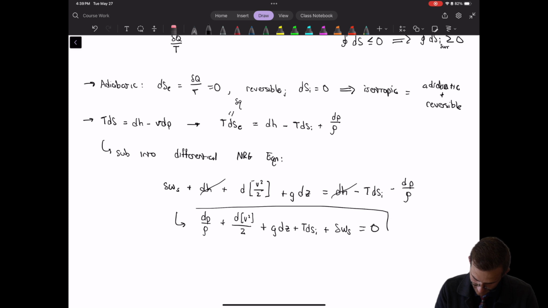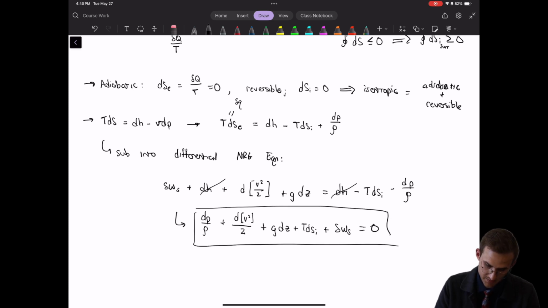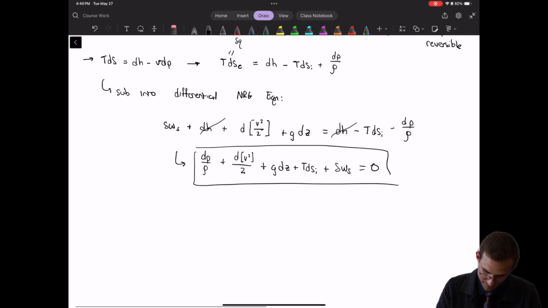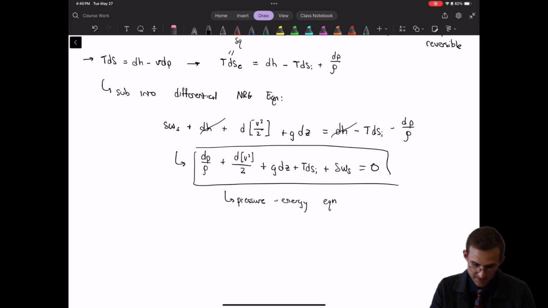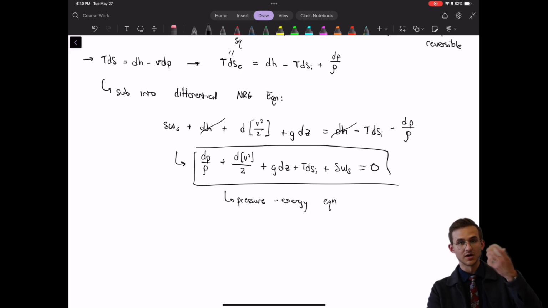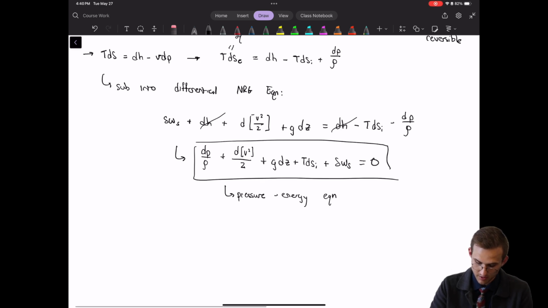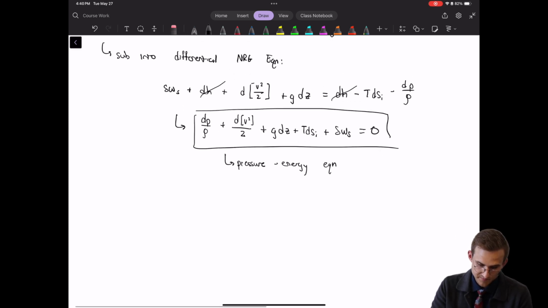Okay, and this is another important equation that is called the pressure energy equation. One thing is that you can recover Euler's equation from this equation if you assume no shaft work and no irreversibilities.